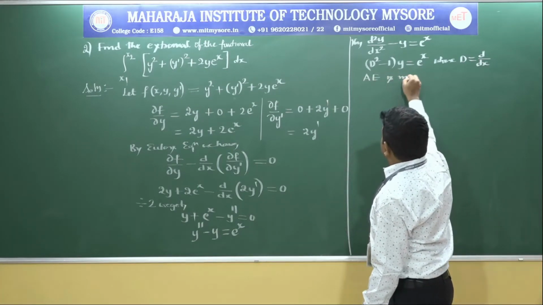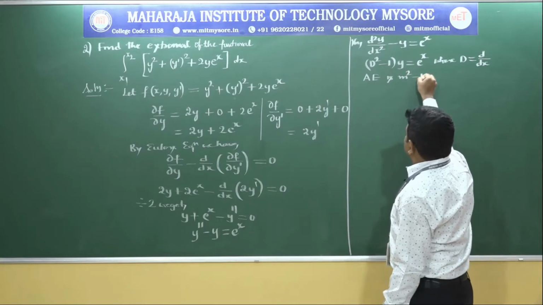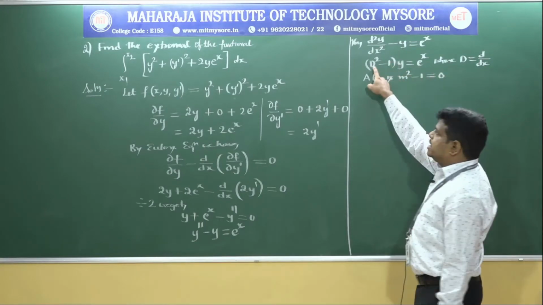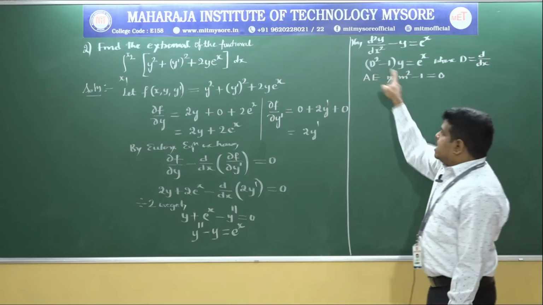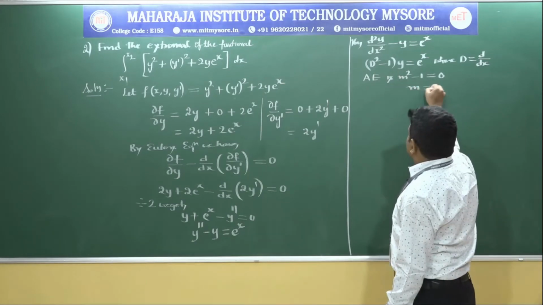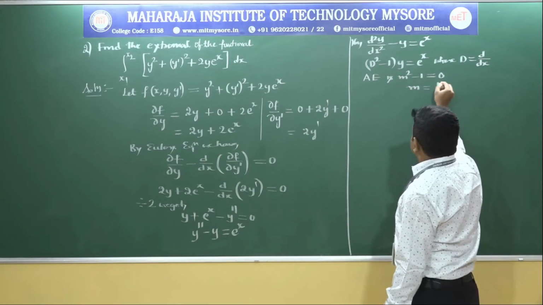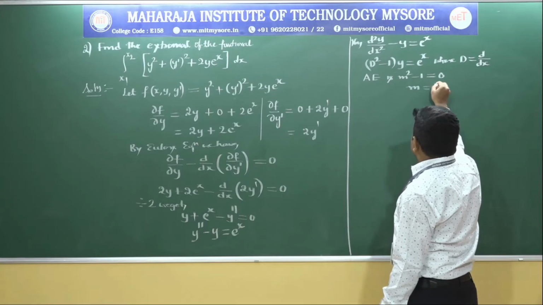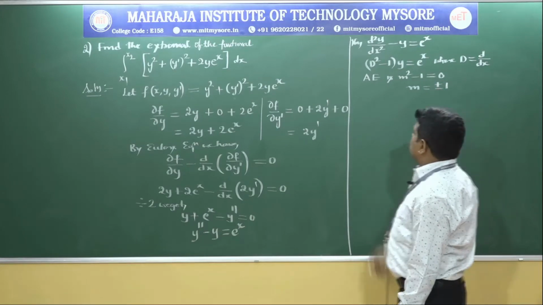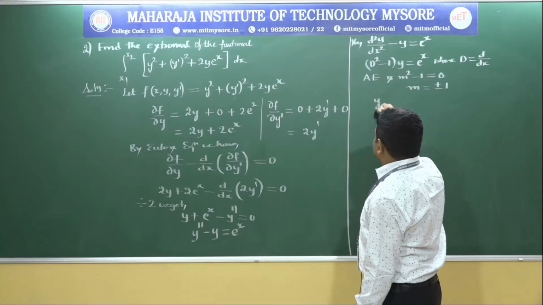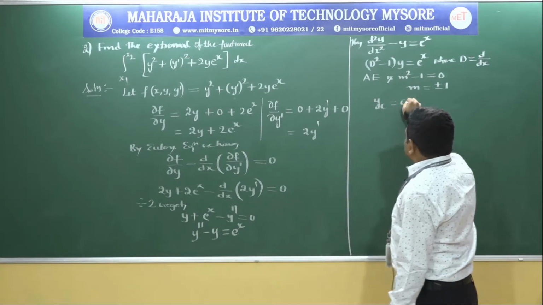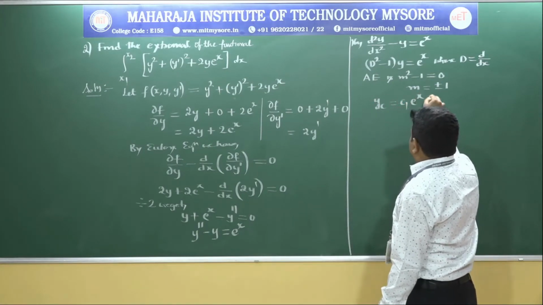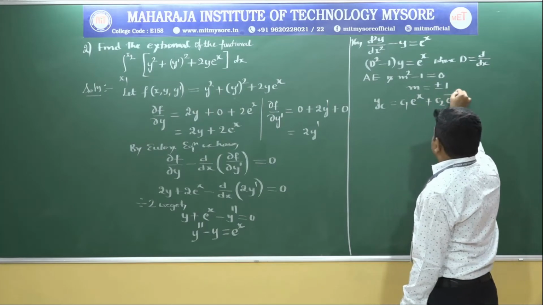Auxiliary equation is m square minus 1 equals 0. That is, I am replacing D by m. On solving this, you get m equals plus or minus 1. Therefore, complementary function yc equals c1 e power x plus c2 e power minus x.